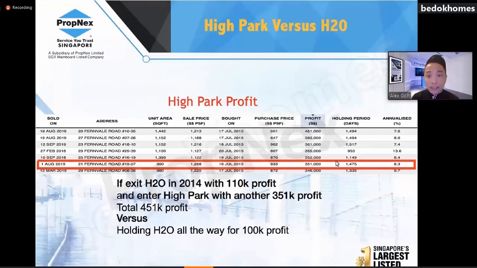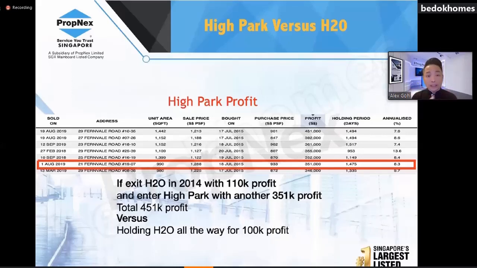This owner would make an additional 351,000. So if the owner sold H2O in 2014, entered High Park in 2015, and sold High Park in 2019, they would be looking at a profit of $451,000. Whereas the H2O owner who held all the way is only looking at 100,000 profit.